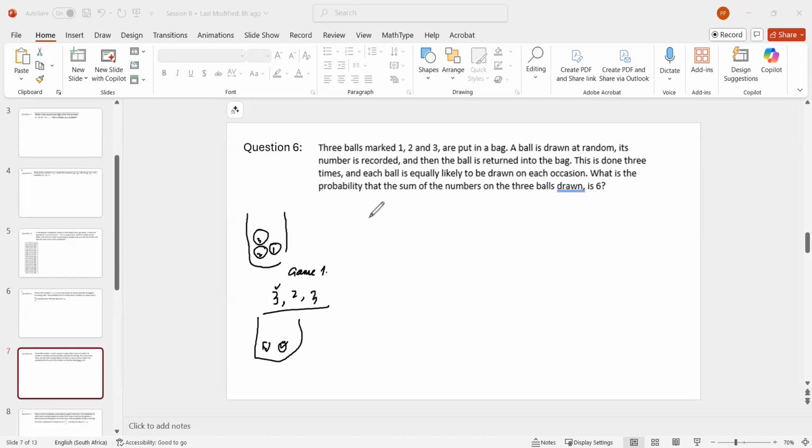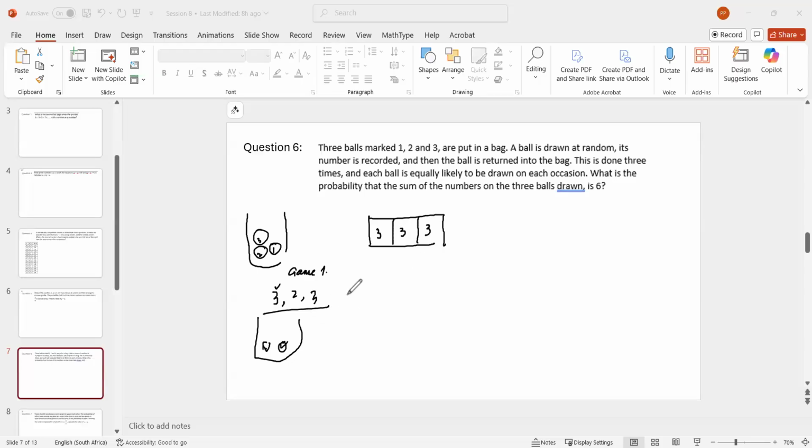So you got 3 draws, and the first draw can be any one of 3 numbers, right? The second draw, any one of 3 numbers, and the third draw, any one of 3 numbers.